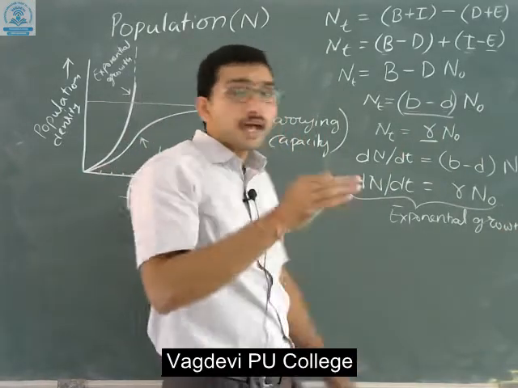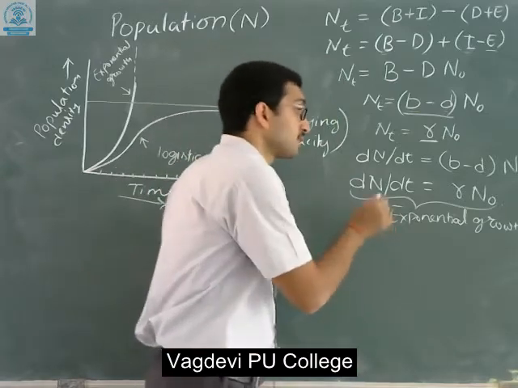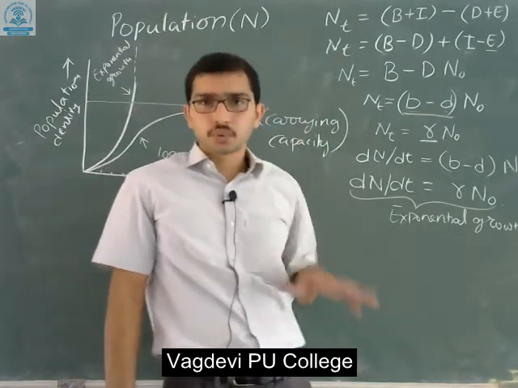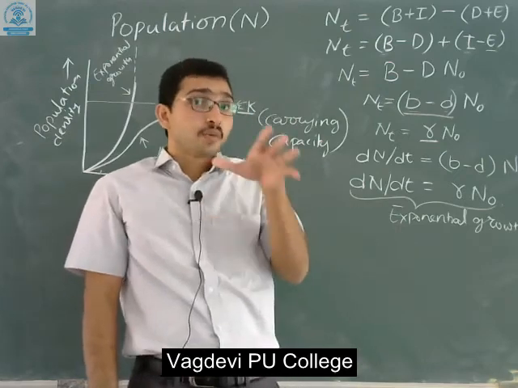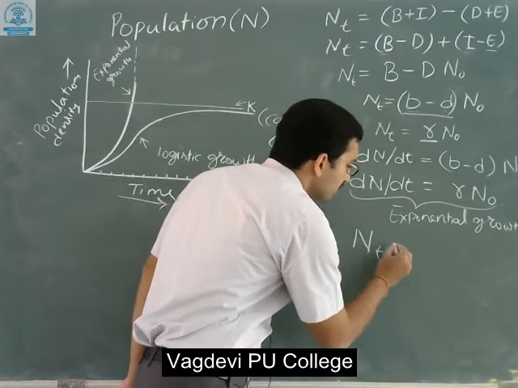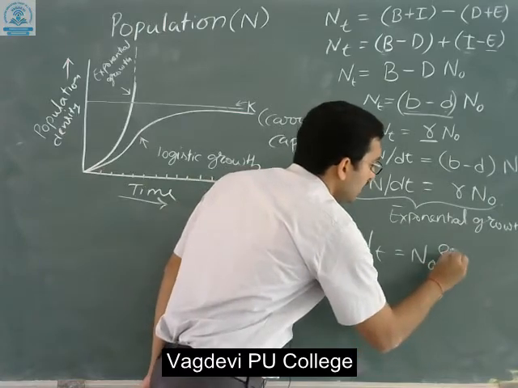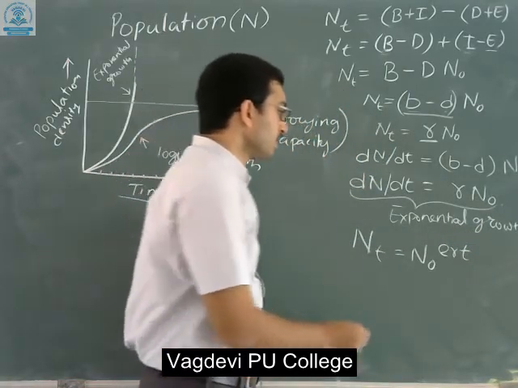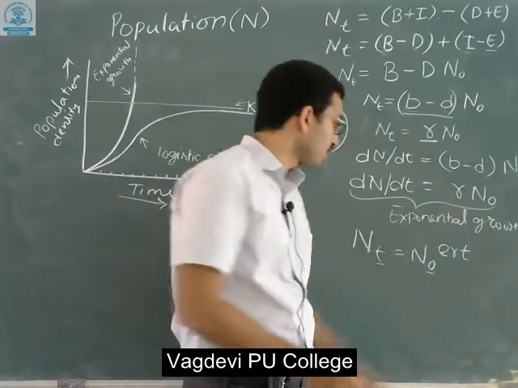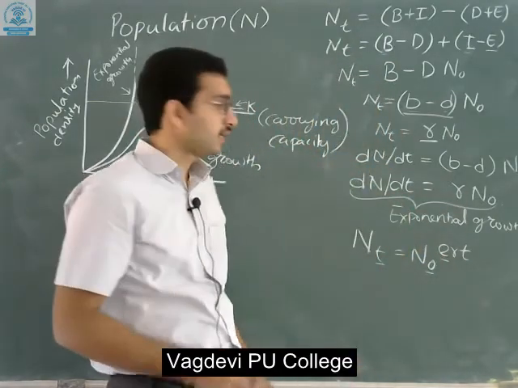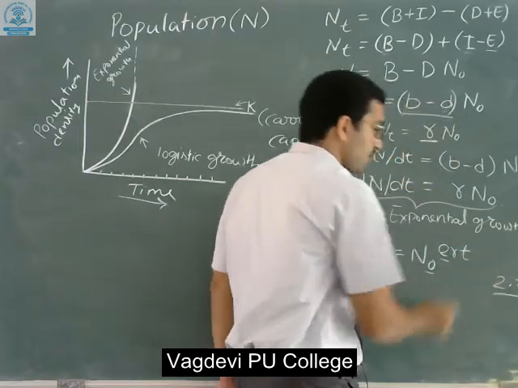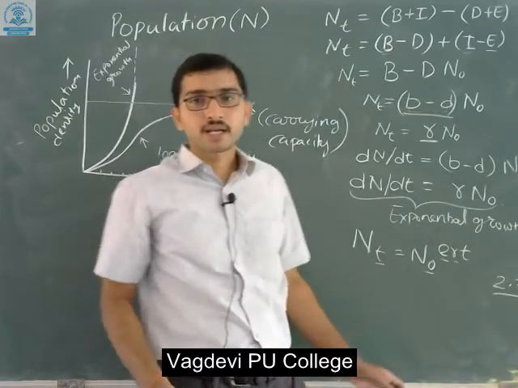In certain habitats where you know only the initial population and the per capita growth rate, if you want to find the population at a certain time, we use Nt equal to N0 e^rt. Here t denotes time, N0 denotes the population at time 0, and e denotes the constant, whose value is 2.718. r is the per capita growth rate.